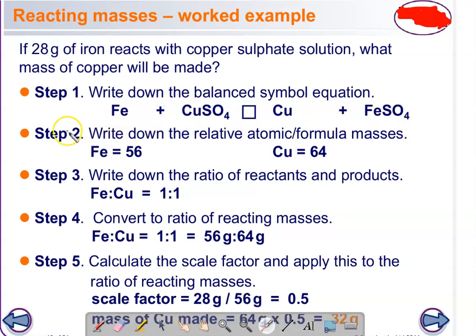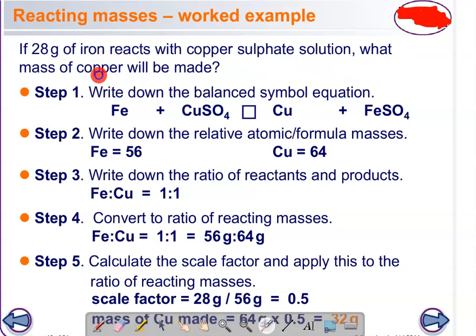The next step is to write down the relative atomic or formula masses of the elements you are looking for. In the question, the only elements we are concerned with are iron and copper, because the question says that if 28 grams of iron react with copper sulfate solution, what mass of copper?